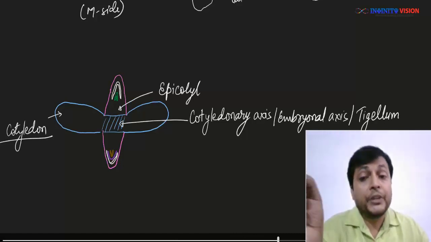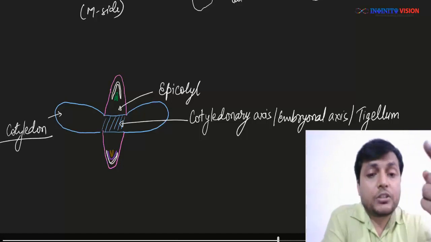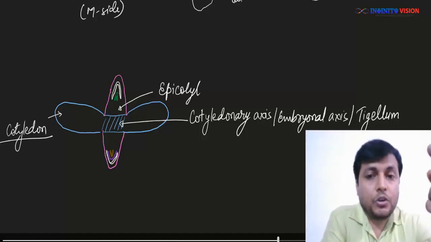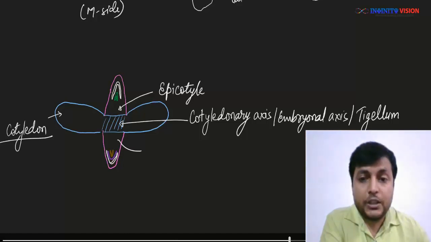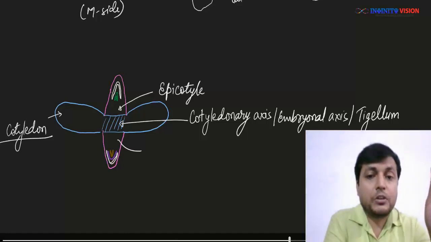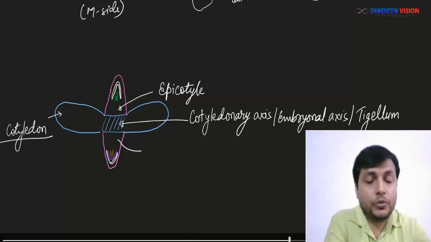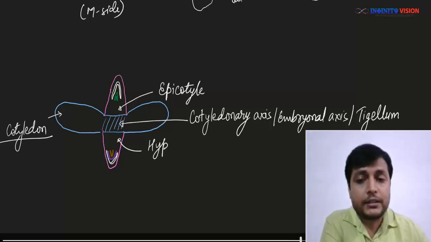Now, the tissue just above this cotyledonary axis is called epicotyl. Why so? Because epi means above. So above the cotyledonary axis is epicotyl. Similarly, below the cotyledonary axis is hypocotyl.